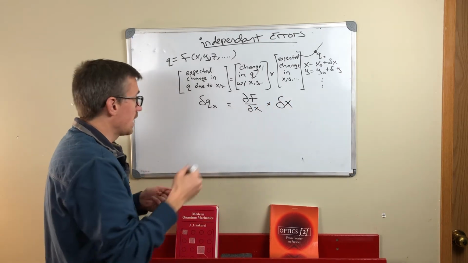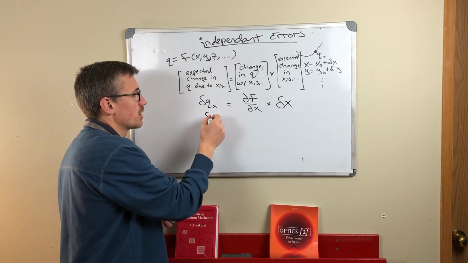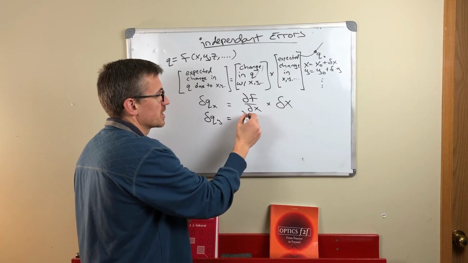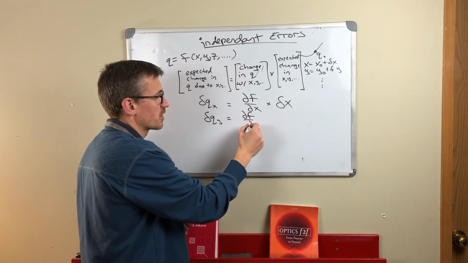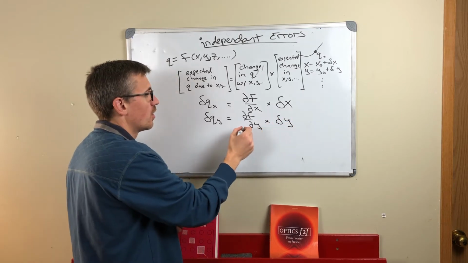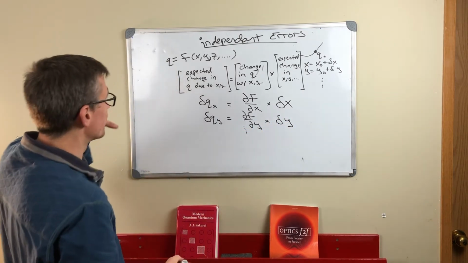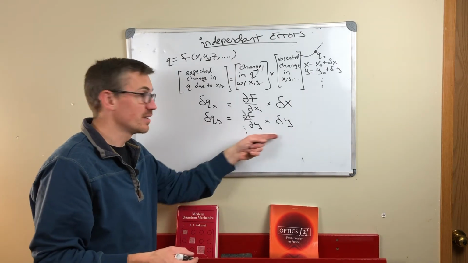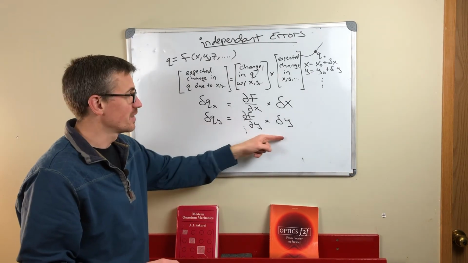Okay? And similarly, the change due to y is equal to my expected change in f with respect to y times my expected change in y, all the way down. So delta q due to z is equal to del f by del z times the change in z.